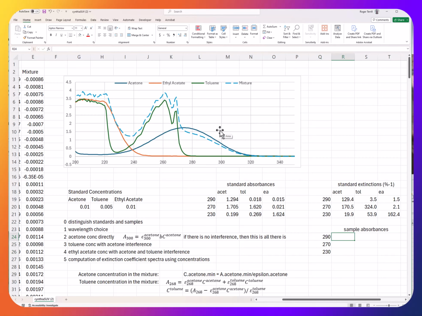And then, oops, move these down. This is just going to be those three values, right? So at 290, that's 113. So that is going to equal E113.